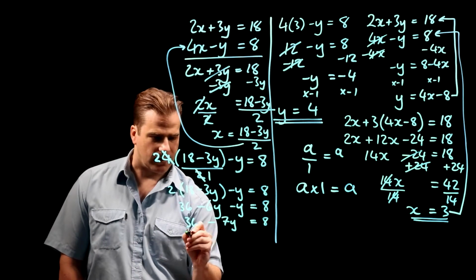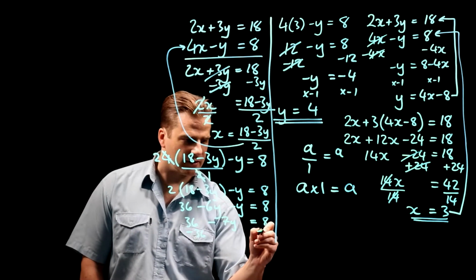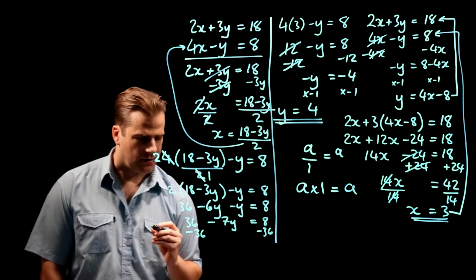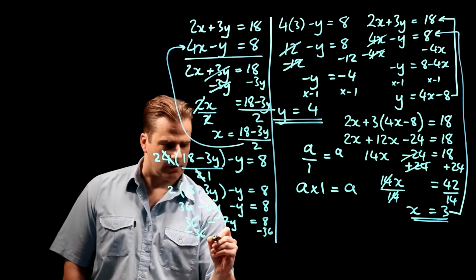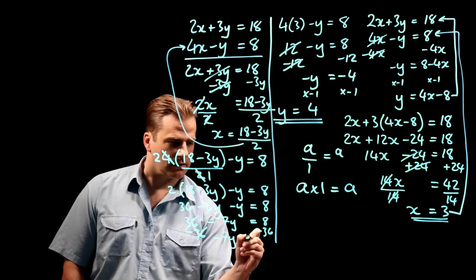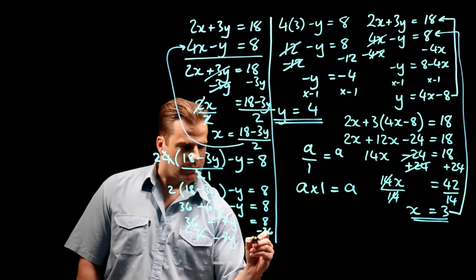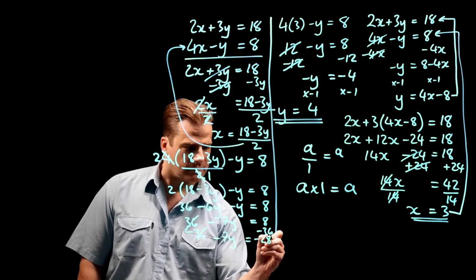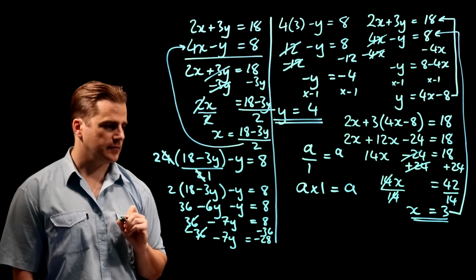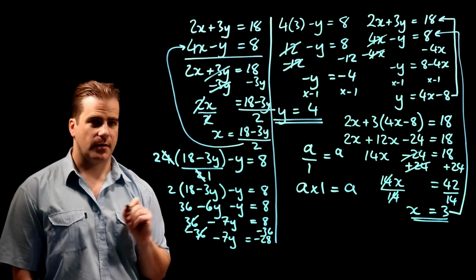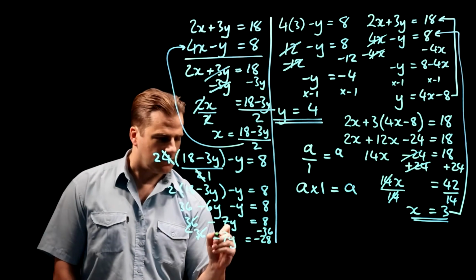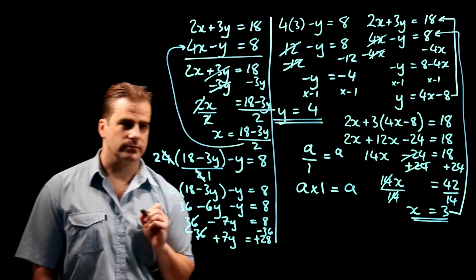Take 36 over there. Subtract 36 on both sides. And we get minus 7y equals minus 28. Okay. Multiply both sides by minus 1. And that just makes them both positive.